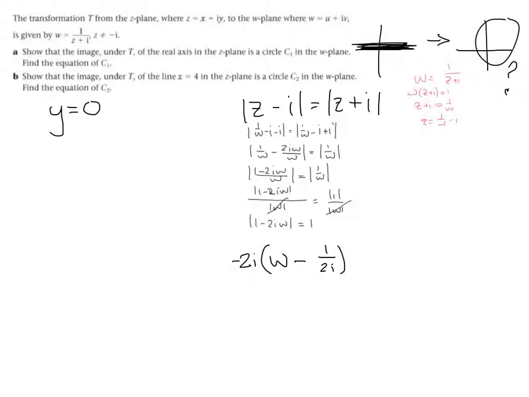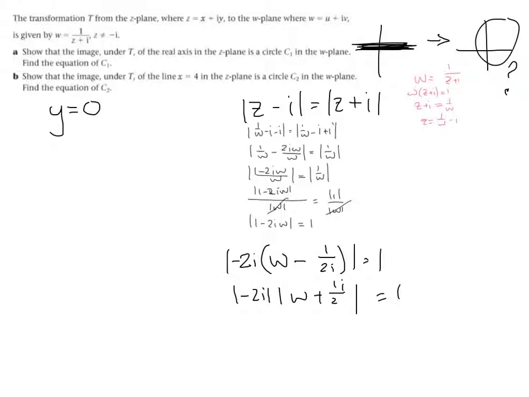Yep, that's good. So the modulus of that is 1, and then the modulus of the product is the product of the moduli, |minus 2i| times, actually I'll realise the denominator here, multiply top and bottom by i. Let's put i squared, that i isn't very nice. Actually, you know what, I'll just put minus 1, given we all know that i squared is minus 1. There we go. Oh, it's much nicer. Equals 1.